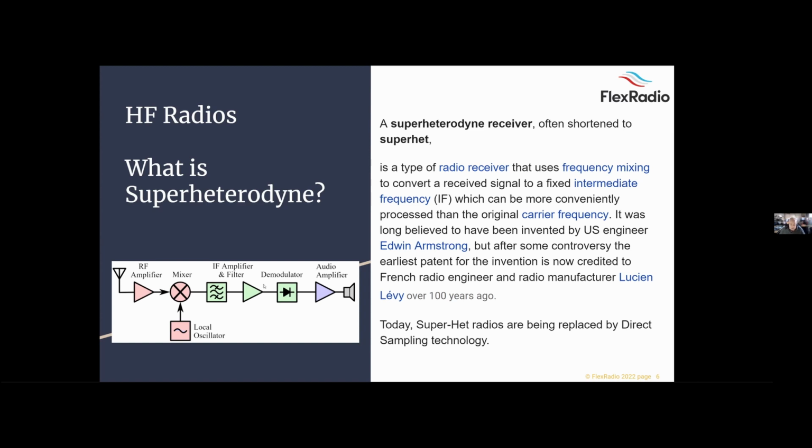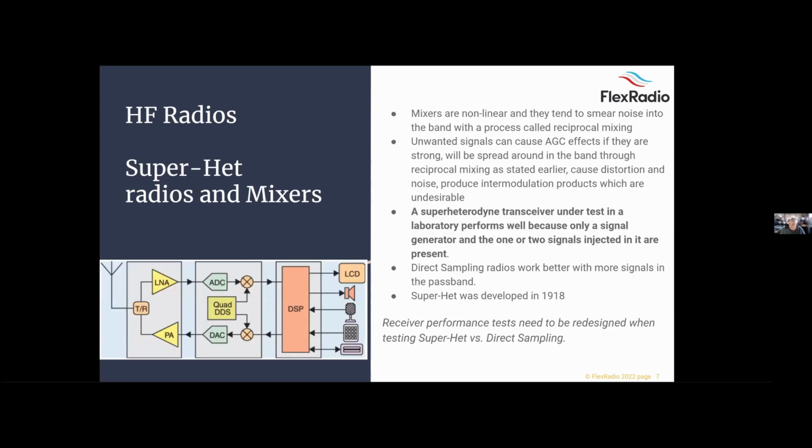But what's replacing the superhet across the entire spectrum of HF radios, and by that I mean government and commercial and amateur, is direct sampling technology. This is just a note about why mixers are bad. I should say they're nonlinear.